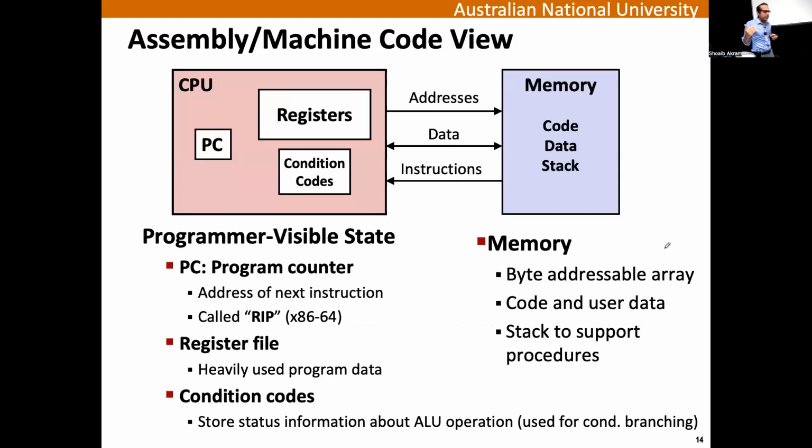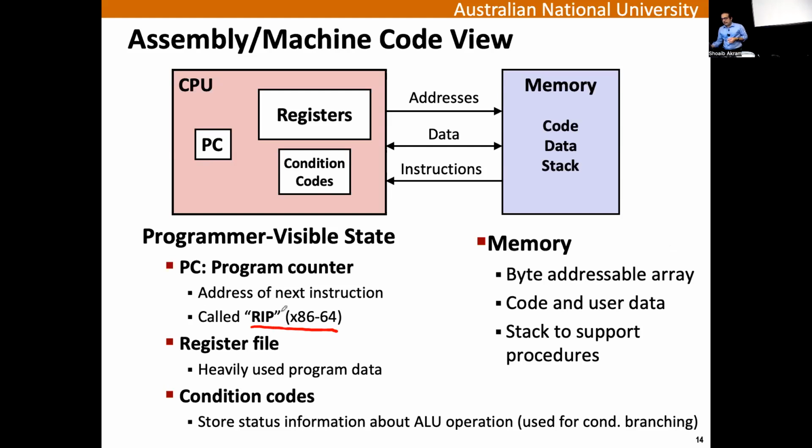So let's start talking about x86 assembly, all right? We will do it quickly because we have a foundation in ARM assembly. The programmer visible state is the program counter, which is called instruction pointer in x86-64.